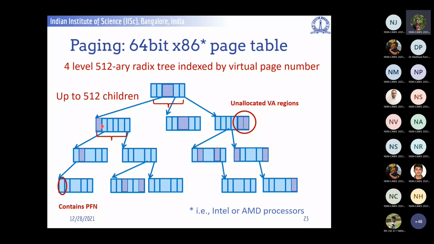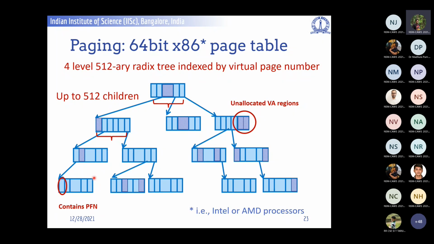Again, within that, some of this 1 gigabyte region would not be mapped, but for those mapped there will be a pointer to the next level of the page table. Again, 512 pieces will be chopped up, which means each of these pointers' children would point to a 2 megabyte region of virtual address space.